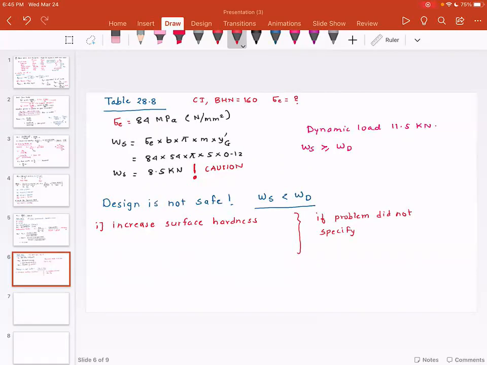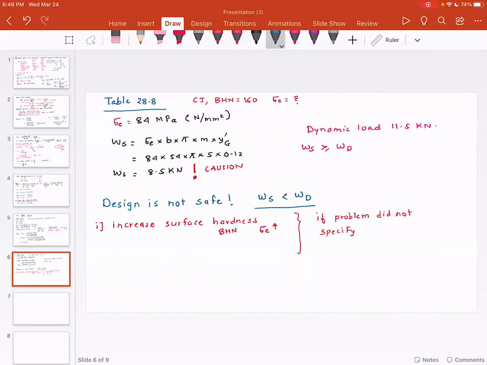Surface hardness increase would get you sigma E increase. So if you increase the Brinell hardness number, that would increase sigma E. But unfortunately, in this problem, Brinell hardness number is specified.